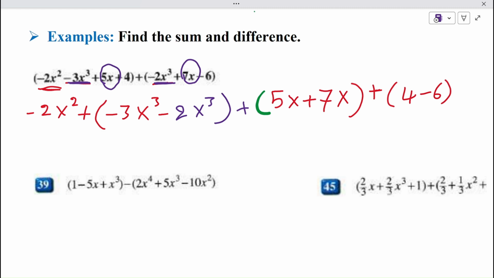So let's add and subtract. Put down minus 2x to the power 2. Then, this is minus and minus, minus 3 minus 2. Minus minus, you have to add with the same sign.